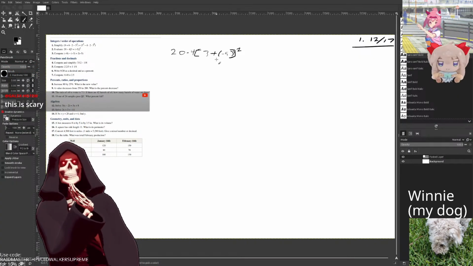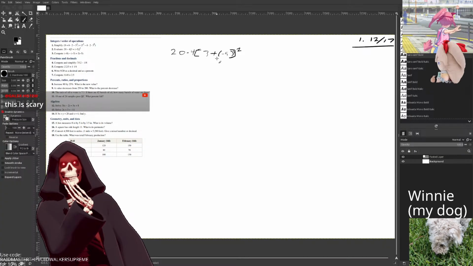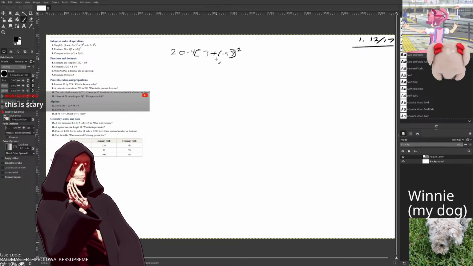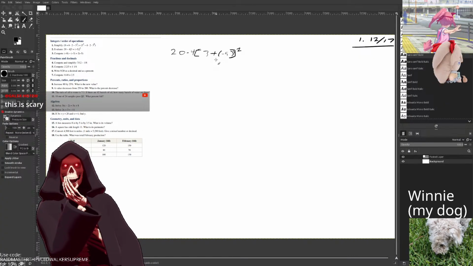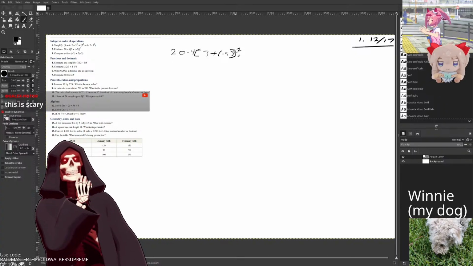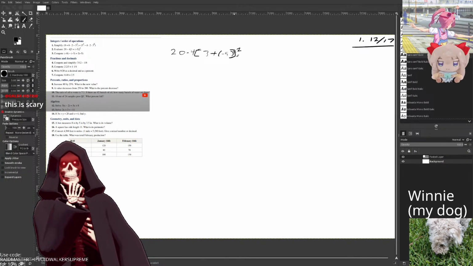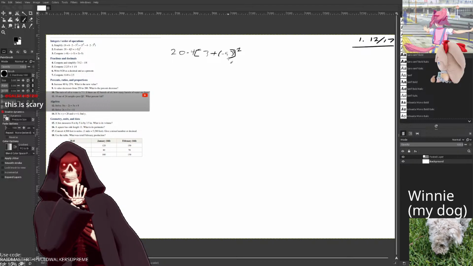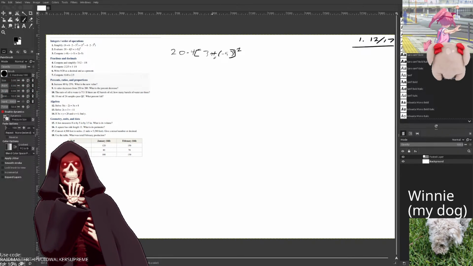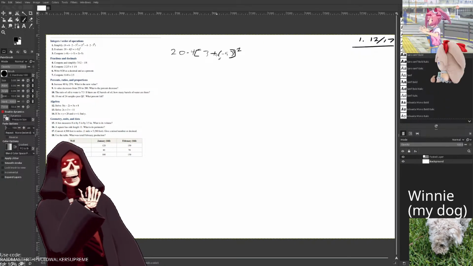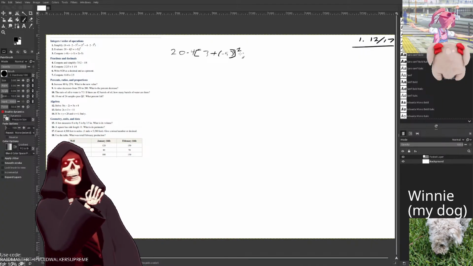So plus a negative. Let's do exponents first because, well, we gotta do the parentheses first. So this is plus -5, so that's -2.